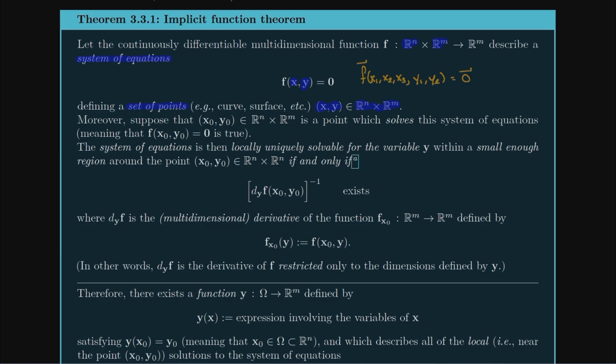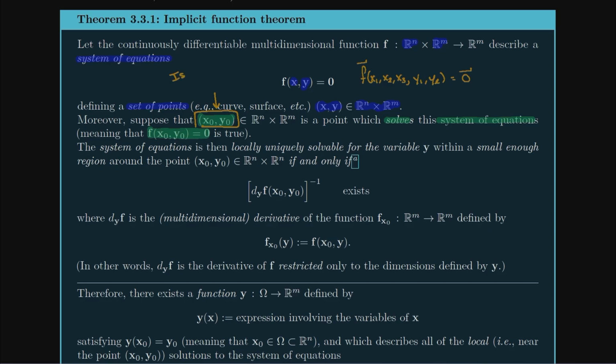The implicit function theorem says, let's consider one specific point which we know solves the system, meaning that it actually is a point that solves the system we care about. And then we're going to ask if there is a region around the point.